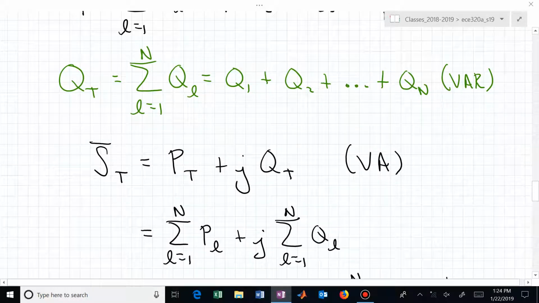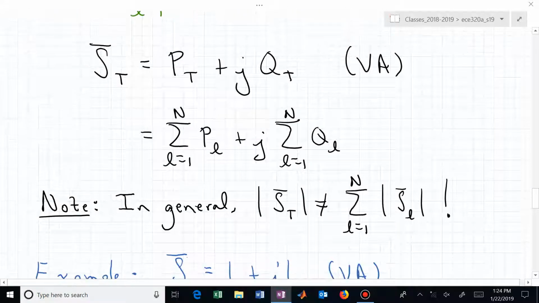Writing it out in summation form, where we now have identified each of the individual component parts, P sub L and Q sub L, we could write it also as these finite sums of P sub L and Q sub L in this orthogonal combination. Again, you need to keep track algebraically of the signs on the reactive components.